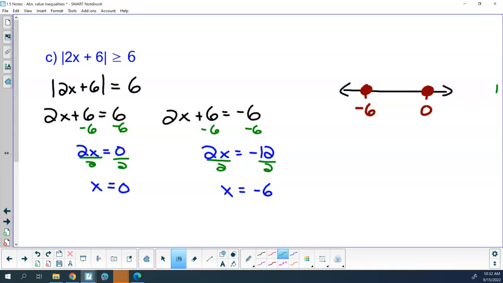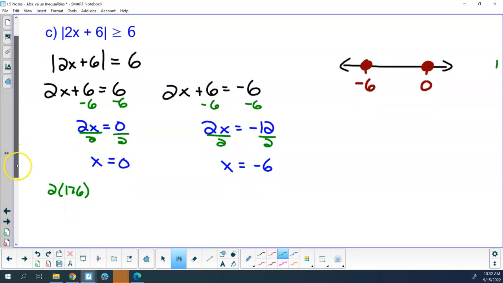So 2 times 176 is 352. 352 plus 6 is 358. Absolute value of 358 is 358. Is 358 bigger than 6? Yes. So this is a row the boat.